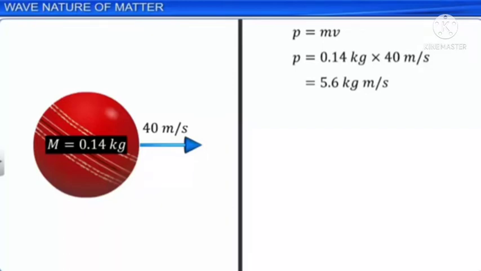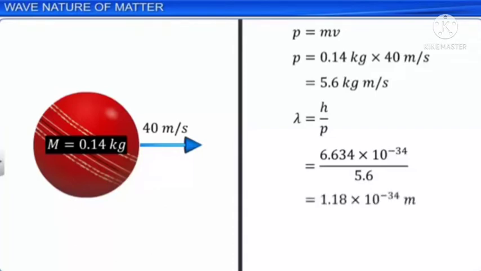The de Broglie wavelength is calculated by dividing Planck's constant by the momentum of the ball. That is 6.634 × 10^-34 divided by 5.6 kilogram meters per second. The ratio equals 1.18 × 10^-34 meter.